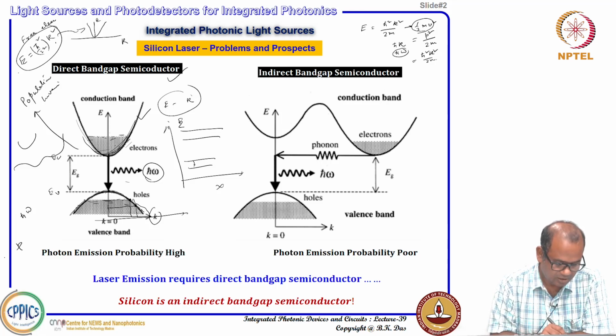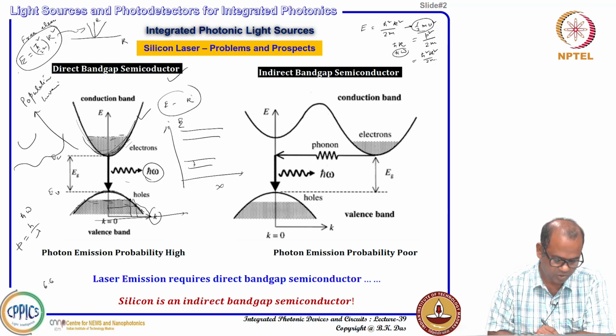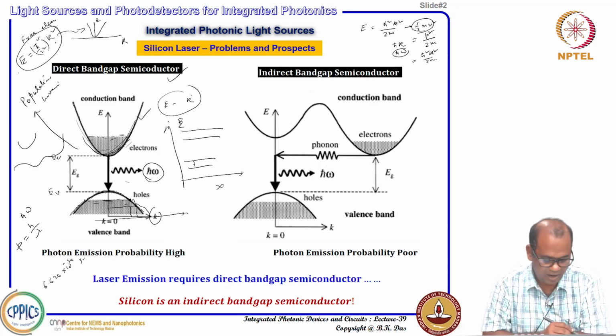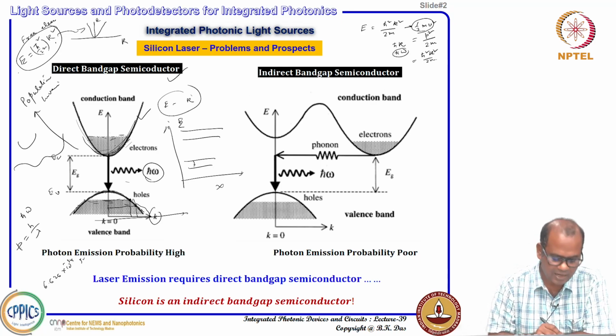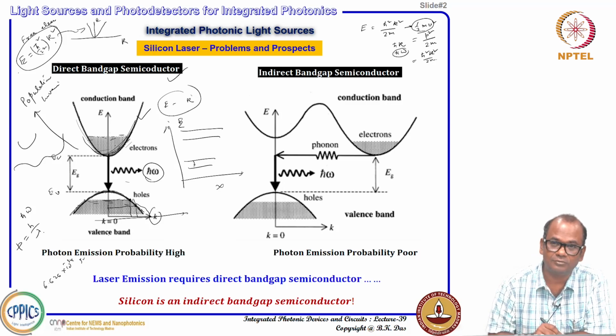According to the de Broglie hypothesis, momentum equals h by lambda. H is the Planck constant, 6.626 into 10 to the power minus 34 joule second, a very small amount. And since lambda is very large, the photon momentum is also relatively small compared to that of the electron.